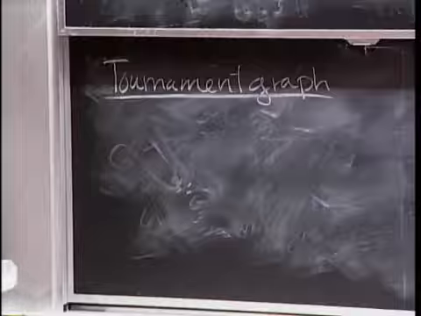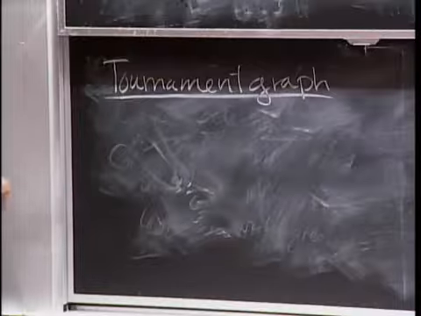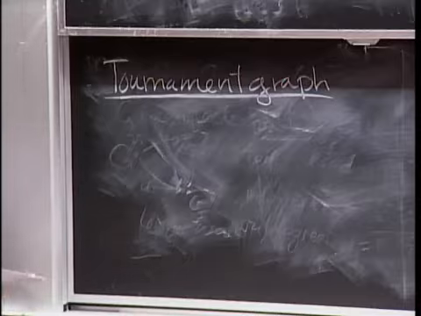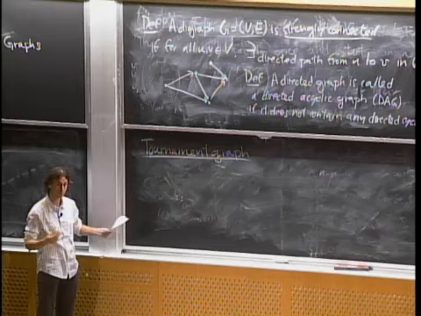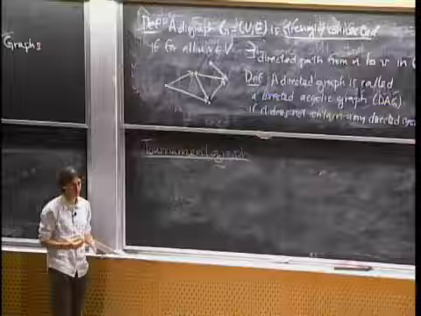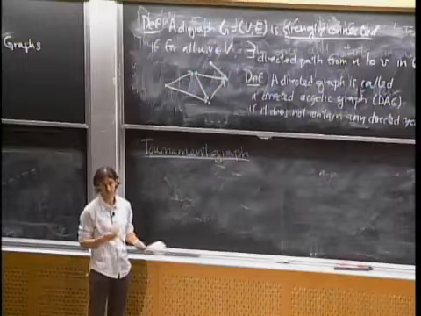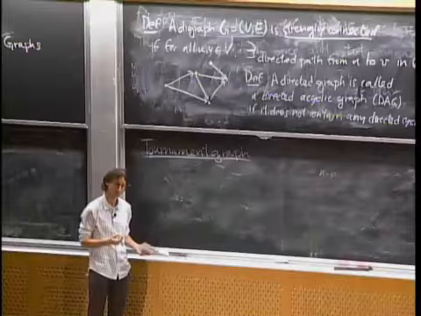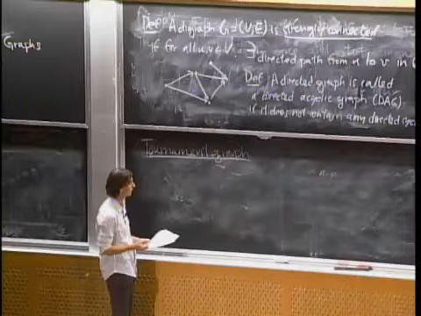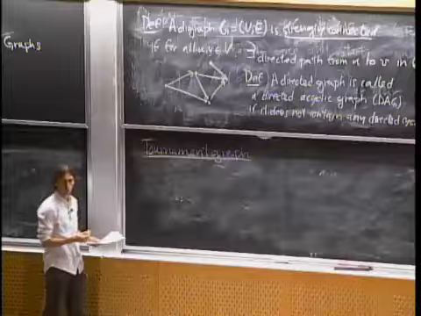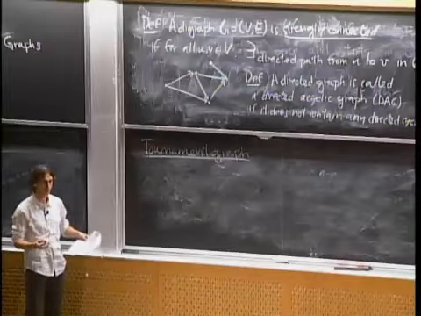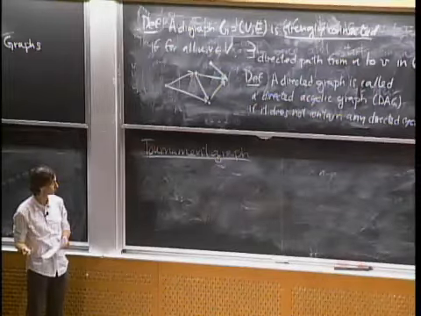So in a tournament graph, I have a bunch of vertices, and essentially we want to represent a tournament. So every vertex, say, represents a team, and a team can play against another team and beat them or lose against the other team. So we want to use the directed edges to indicate who is winning from whom.